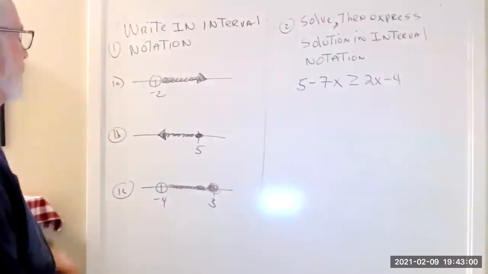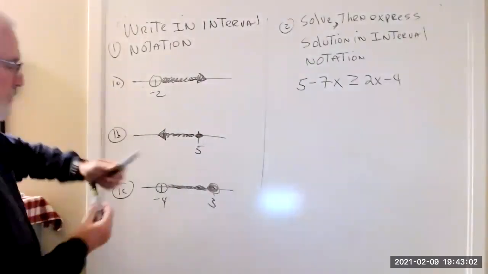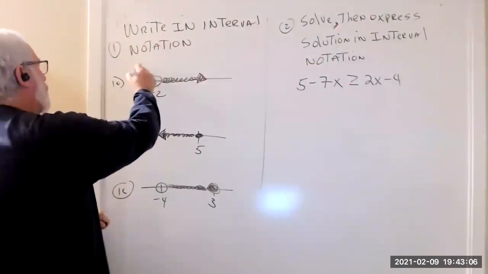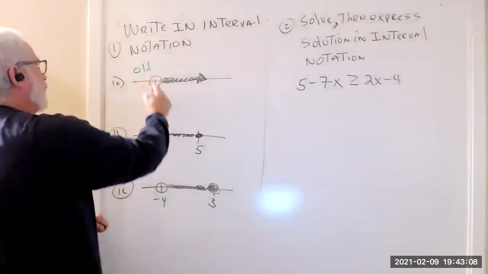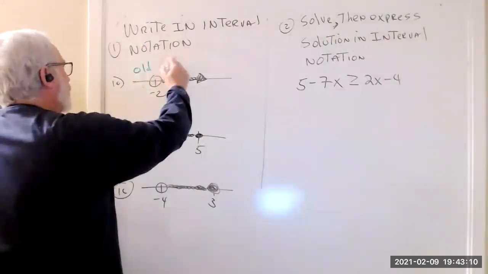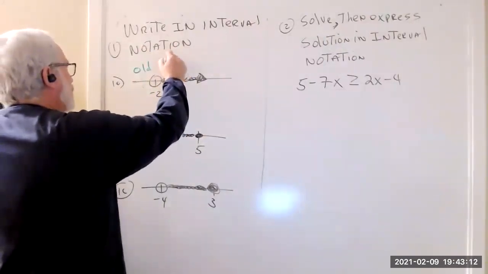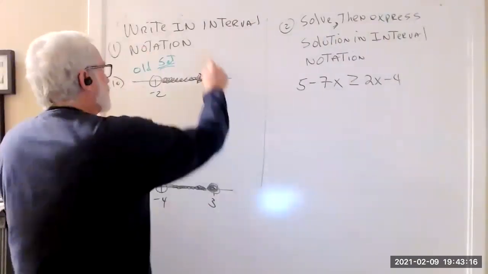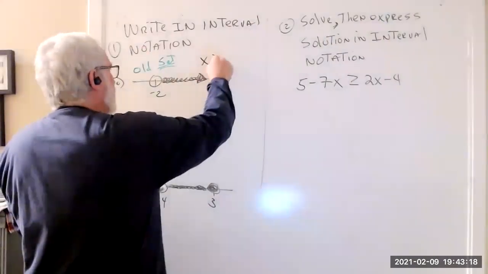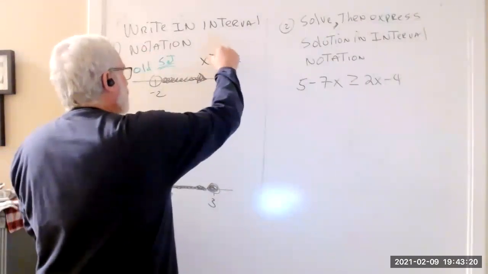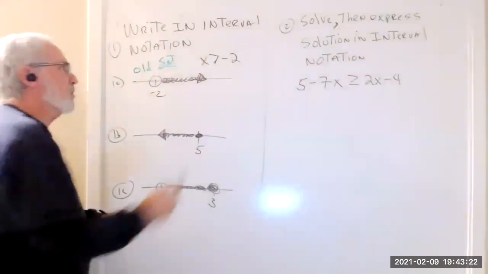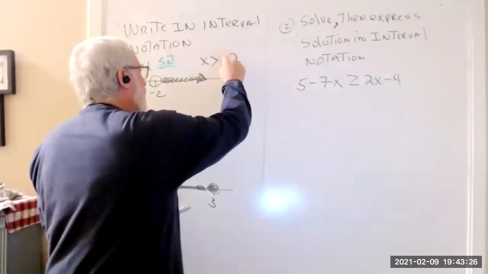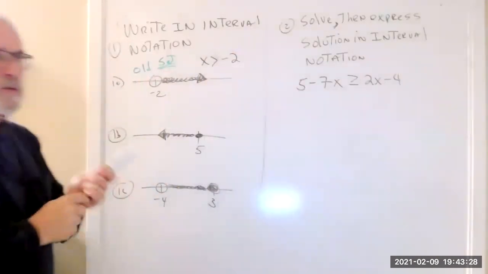Okay. Back over here. We had the old way to do this, also known as set notation. And this would be x is greater than -2. Okay, literally that's what the picture is saying.